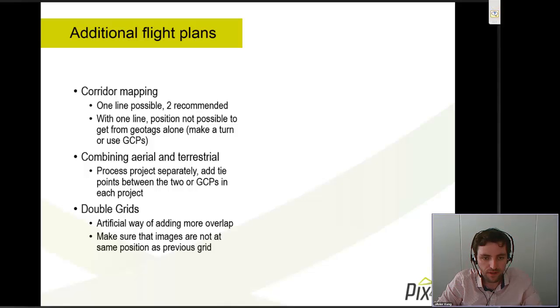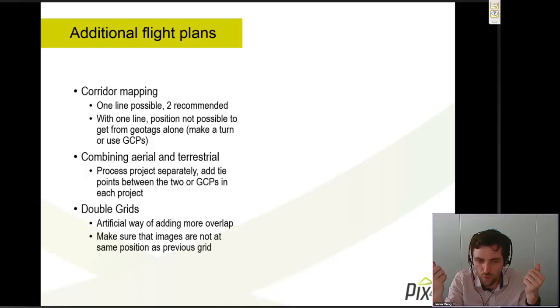Another type of flight plan, which happens quite often too, is the double grid. Basically you fly one grid pattern, and then you fly the same grid again. This usually happens when you are limited by your camera or your UAV to a maximum amount of overlap, because your UAV is flying too fast or your camera is too slow at taking pictures.